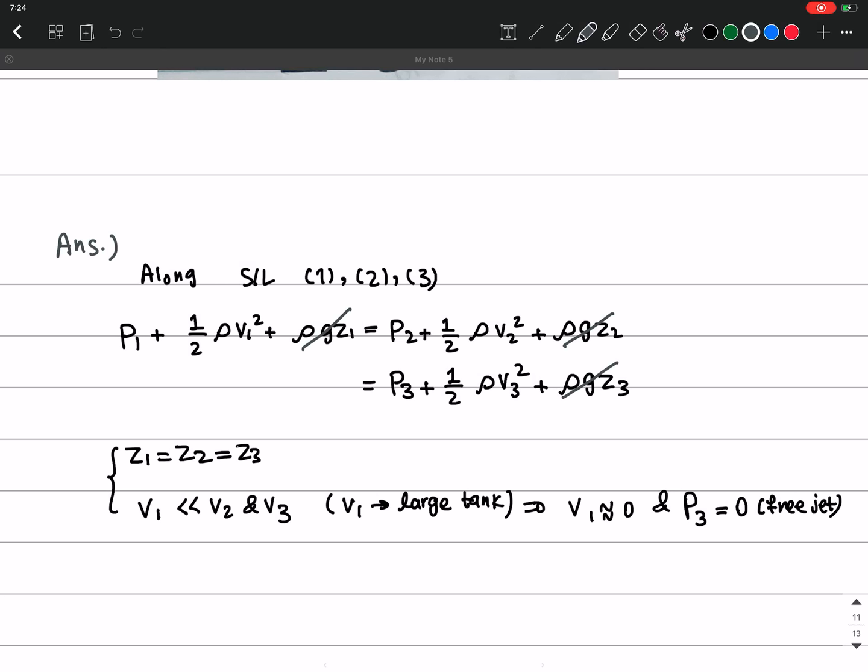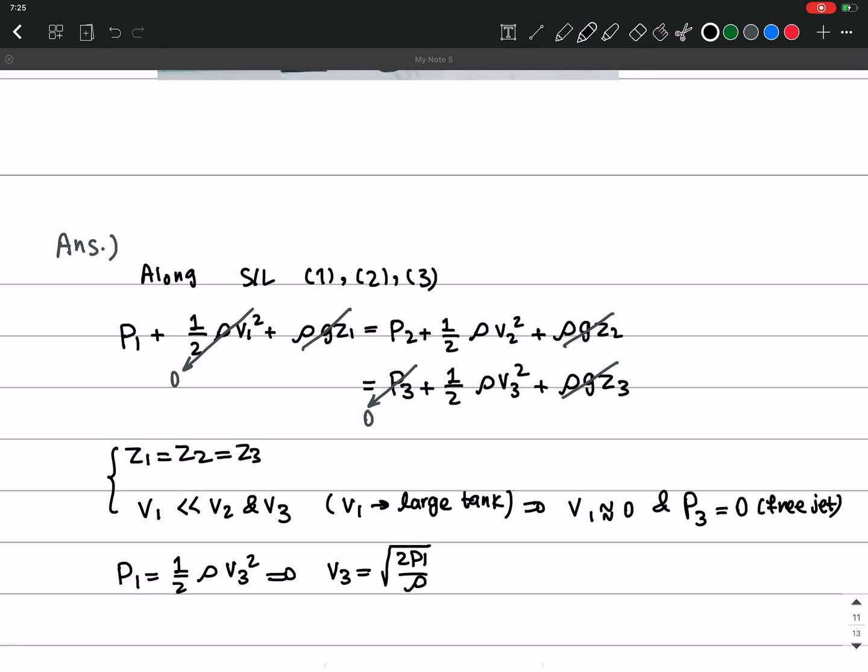And then P3 is going to be 0, so I just set it to 0. And V1 is also 0, so I set it to 0. And so the first equation that I get is P1 equals 1/2 rho V3 square, or V3 equals the square root of 2P1 over rho.